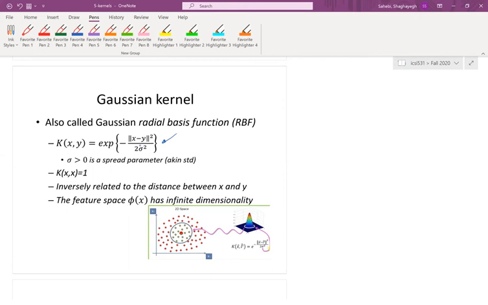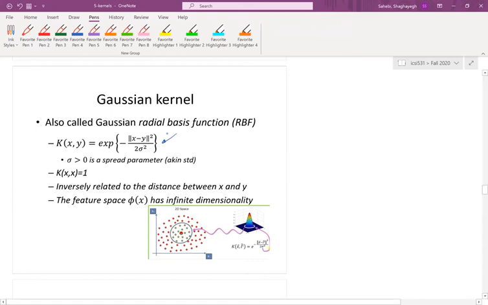Now, what is the shape of this kernel? For two data points x and y, the more distance they have from each other, the larger x minus y is going to get, right? And because we have e to the minus something related to the distance, the value of the kernel is going to be smaller. So the farther x and y are from each other, the value of the kernel is going to be less and less.